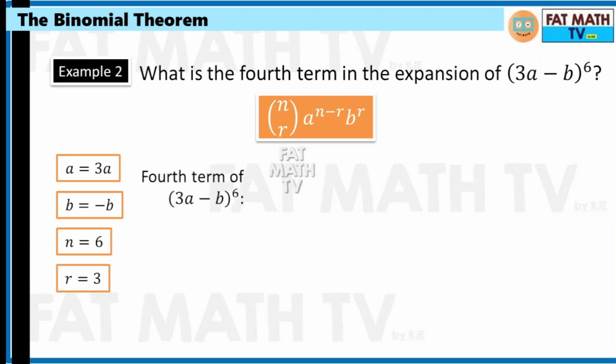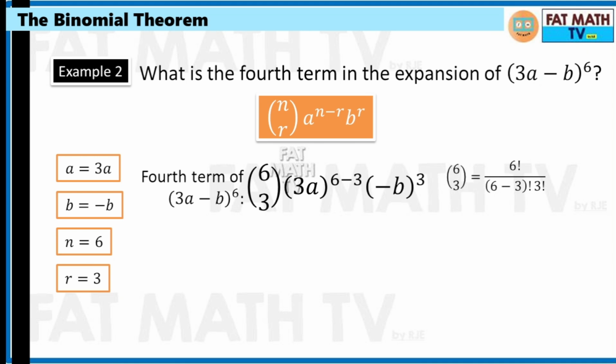So the fourth term of (3a - b)^6 is 6 taken 3 times 3a, that is the first term, raised to n - r, which is 6 - 3, times b raised to r. Our b is negative b, raised to 3. 6 choose 3 is 6 factorial over (6 - 3) factorial times 3 factorial, using the formula for combination.